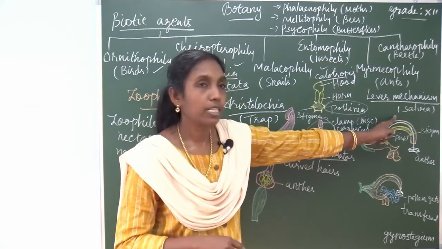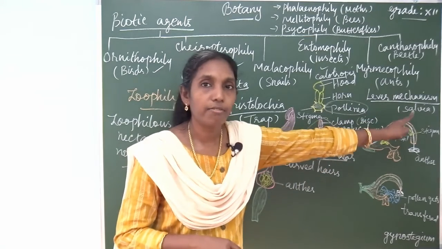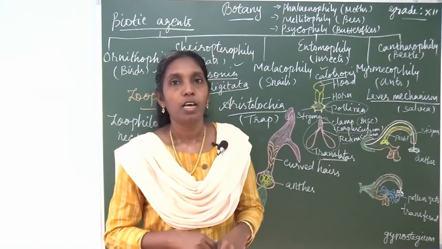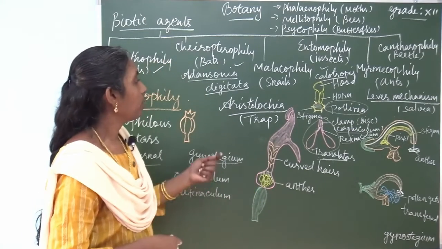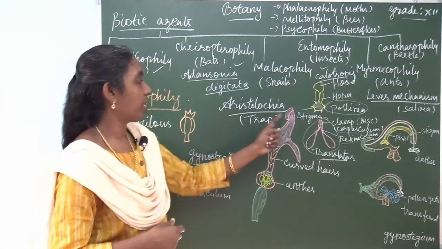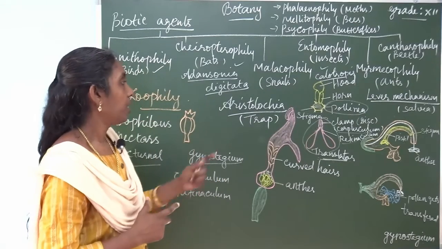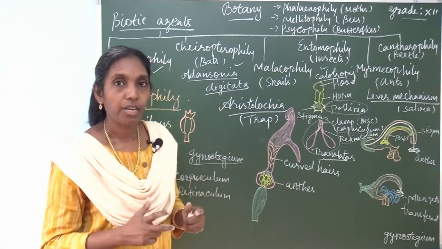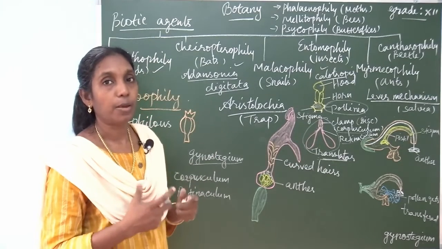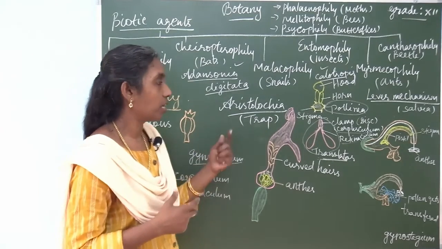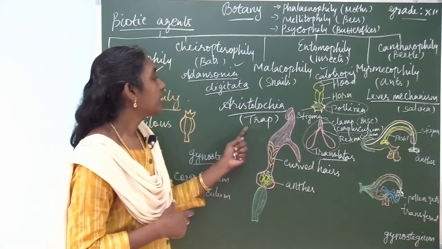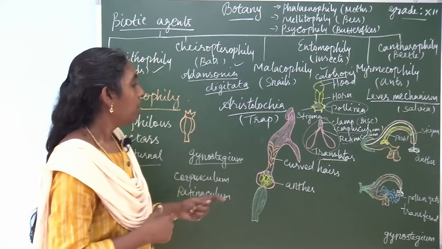In Salvia there is a mechanism called lever mechanism. Let us see one more mechanism which is observed in Aristolochia, that is trap mechanism. Look at this flower.